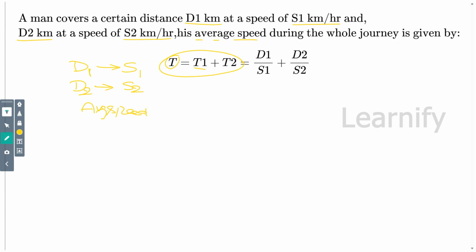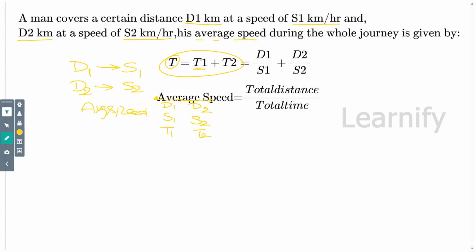Suppose the journey starts from here: d1 distance is covered with speed s1, the time is t1. d2 distance is covered with s2 speed, the time is t2. This is the actual problem. We know the formula: speed equals distance divided by time.